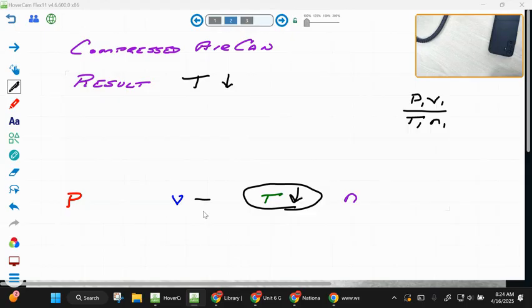What am I changing when I squeeze this? The amount of gas, and it's going how? Amount of gas is going down. Now, I want you to think about this for a minute. Here's T and here's N in our formula. I am doing what to T and N? Multiplying them.